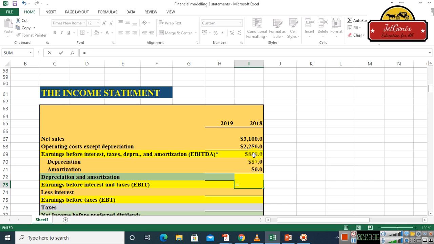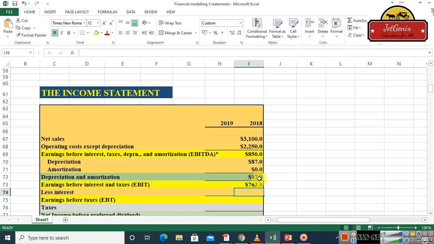So I'm going to select the EBITDA, and I will subtract this figure, the depreciation and amortization, and I will just press enter. So the earning before interest and tax, or EBIT, we can say, is $763 for 2018.